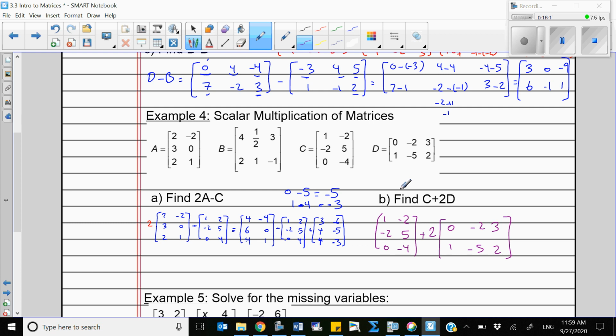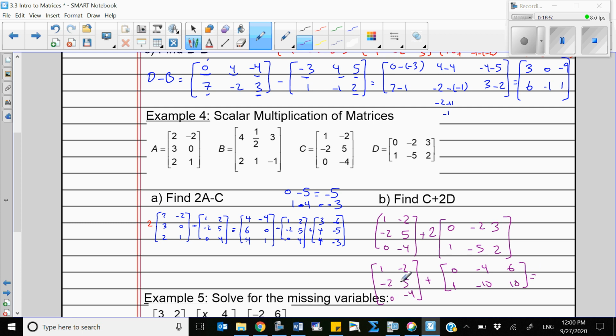Okay, so if I try to evaluate this, first of all, I'm just going to talk about multiplying 2 by D, which is going to be easy. It's going to be 2 times 0, it's 0, 2 times negative 2 is negative 4, 2 times 3 is 6, 2 times 1 is 1, negative 10, and 10. And I want to add it by this matrix 1, negative 2, negative 2, 5, 0, and negative 4.